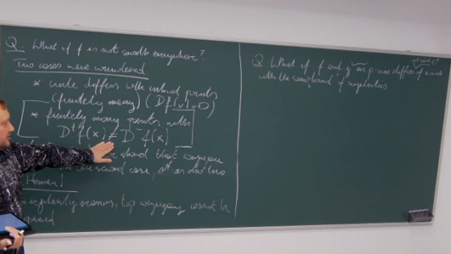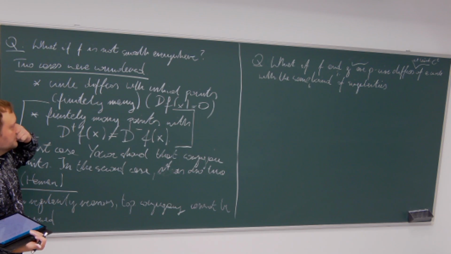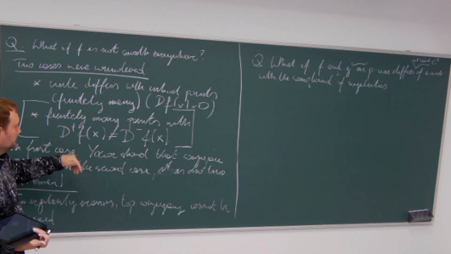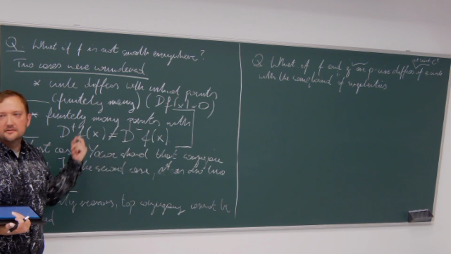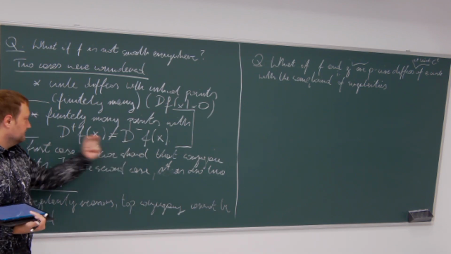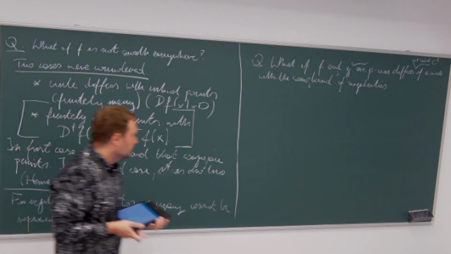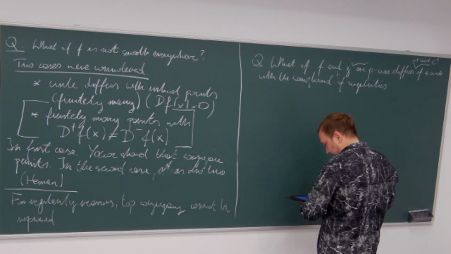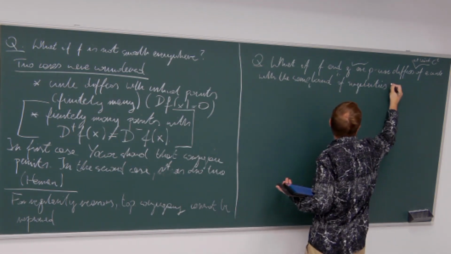And second of all, it needs to preserve the nature of those points, basically meaning that the ratio of the left-hand side and right-hand side derivative is exactly the same. Okay, so this is called a break. So this is a break. So singularities.